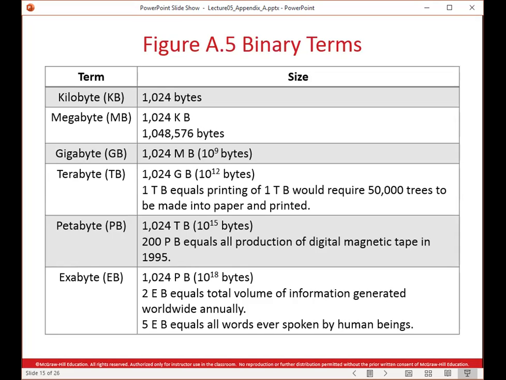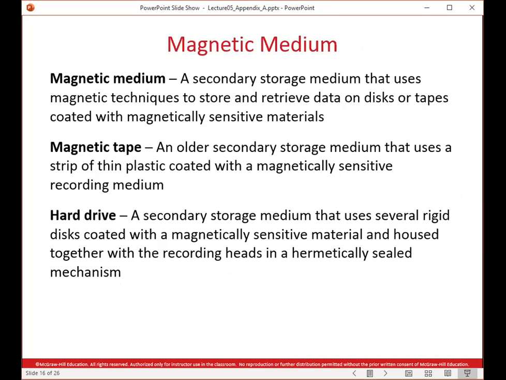And now we're using gigabytes for memory and terabytes for disks. And of course, we're heading for petabytes for disk drives. Tapes are another form of magnetic medium, and they're still widely used for archival purposes.